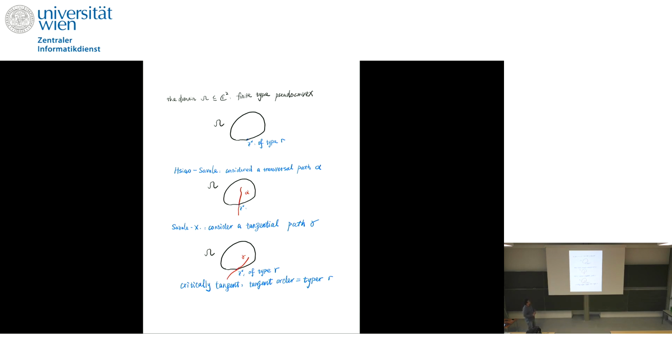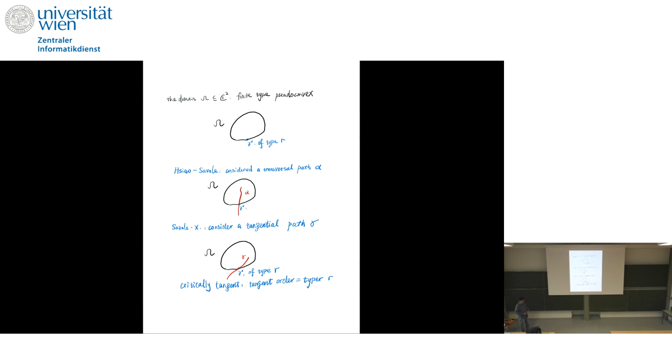So omega is a smoothly bounded pseudoconvex domain of finite type in C2. I mark any boundary point, that's called the star, let's say it's of finite type R. What Xiao and Savali were interested in is the Bergman kernel expansion along a transversal path, like alpha here. However, in our work, we are interested in a tangential path, called gamma.